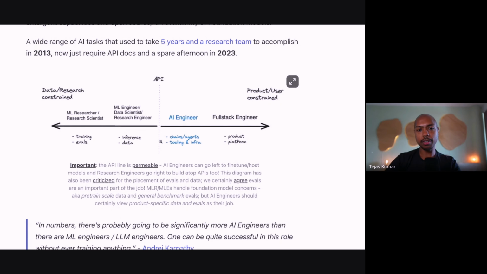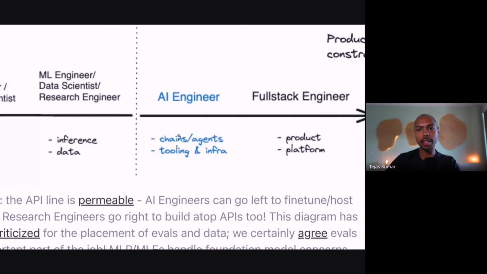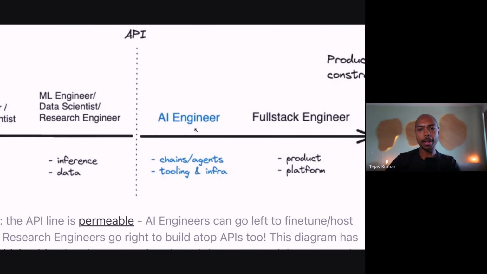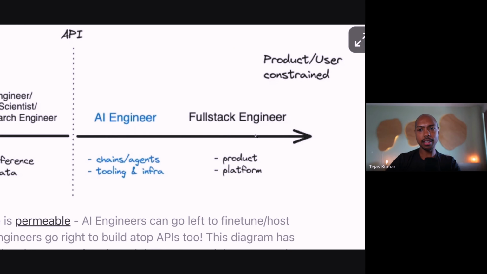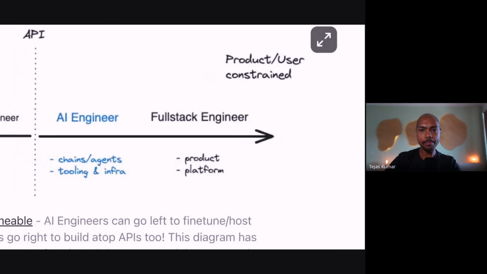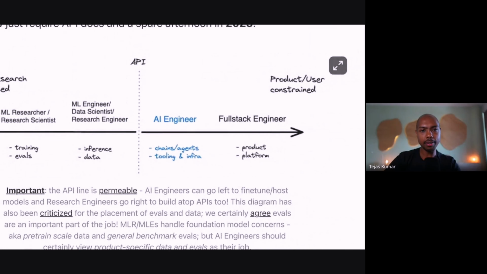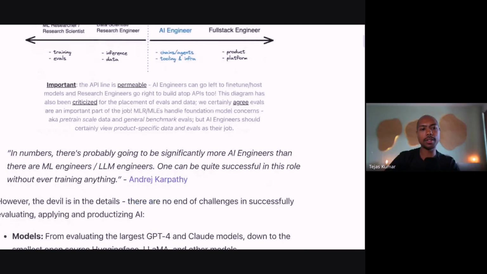In front of the API, you have the AI engineer. This is really important, this is where AI is. And then full stack, of course, composes AI, because AI is just a part of your stack. Ideally, you have something like Postgres on the back end, Express in the API, React in the front end, and AI is somewhere there as part of your stack. That's literally a stack. This is very important just to start our discussion.